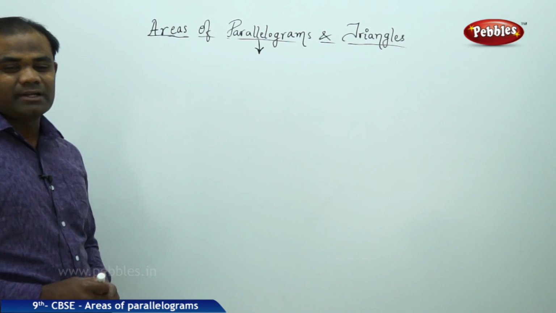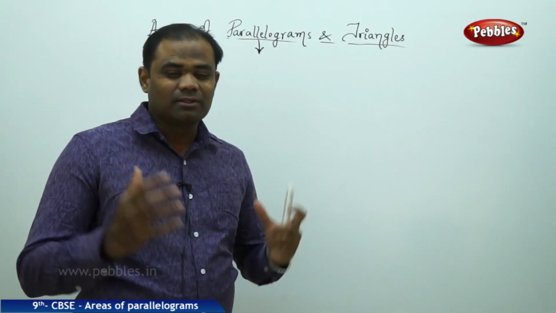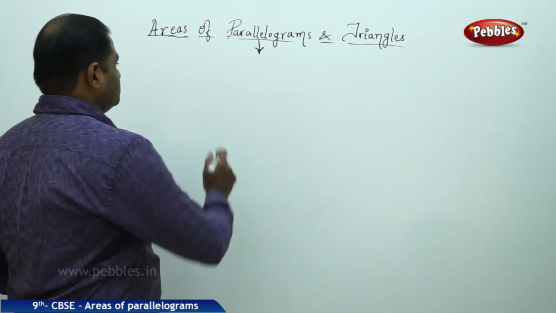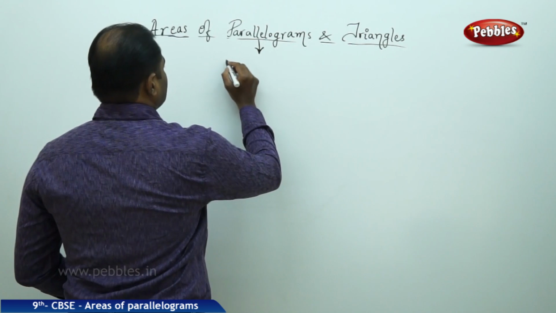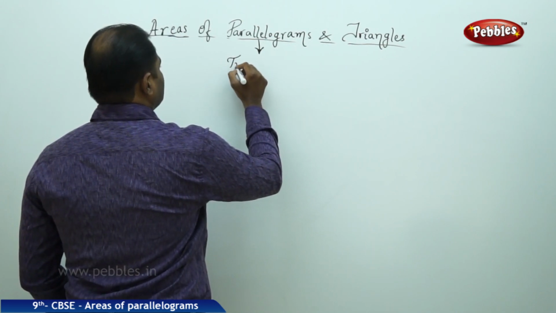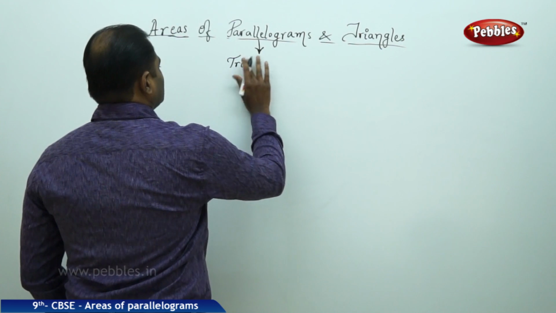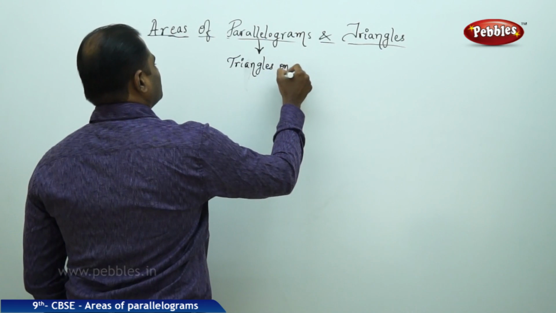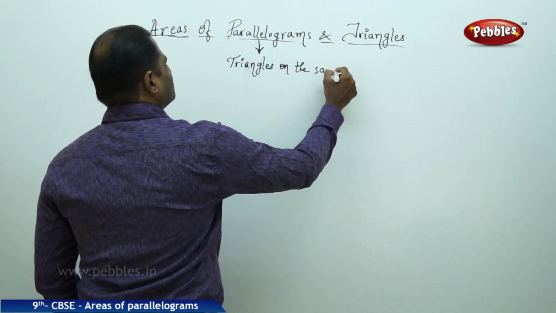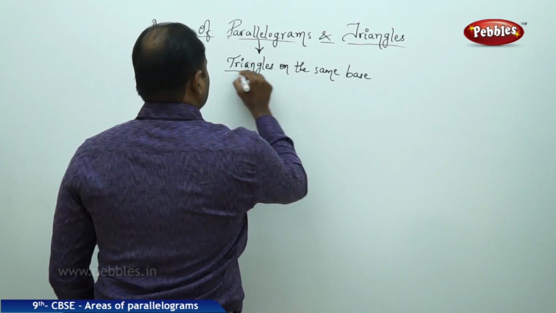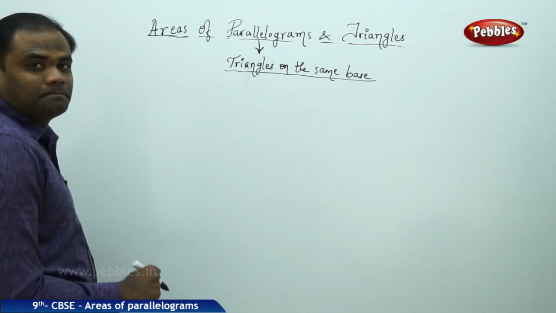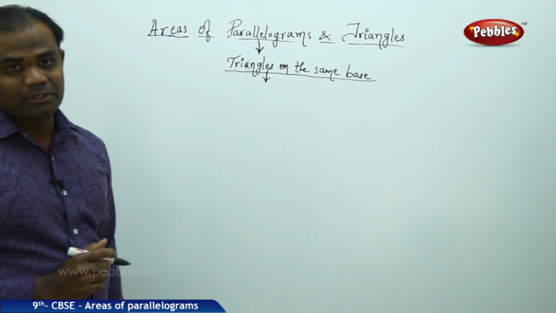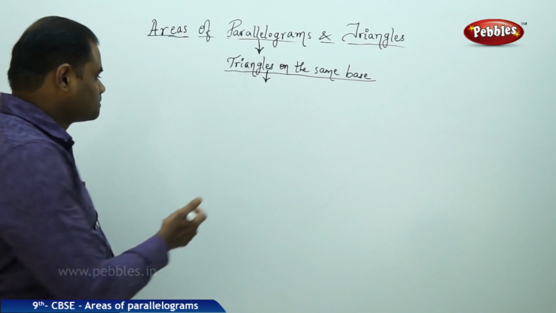Before we do that, let's understand the triangles which lie on the same base. Let's recap what we have learned. Triangles on the same base. Here, let me try to understand how the triangles look between the same base and between the same parallels.